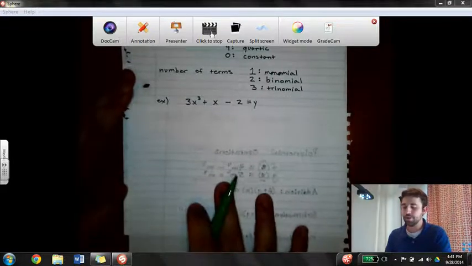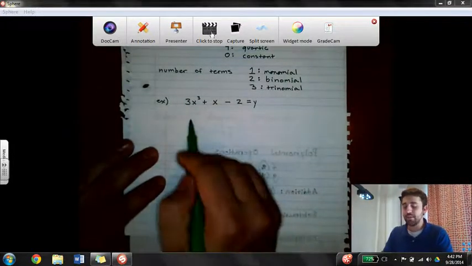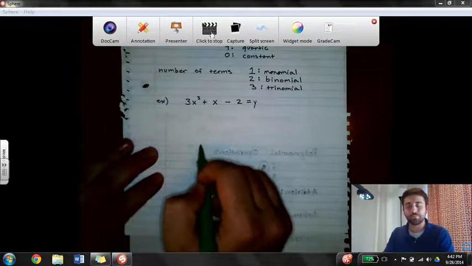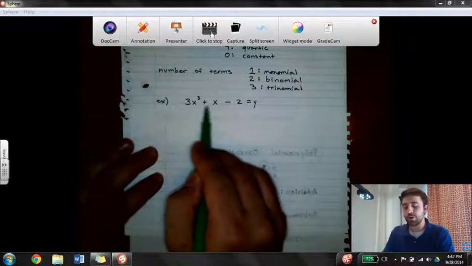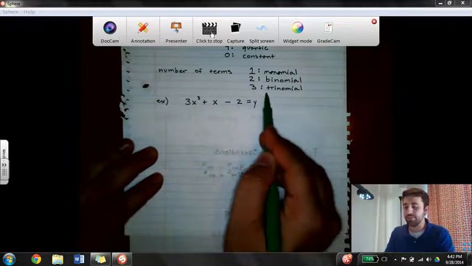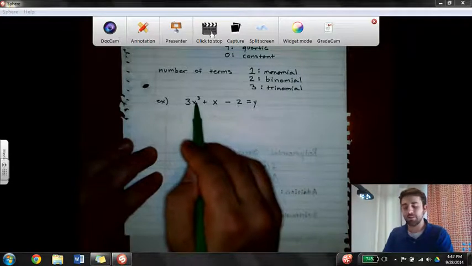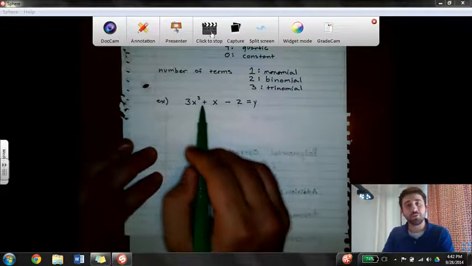So let's look at an example. In this polynomial, 3x cubed plus x minus 2. Notice there are 3 terms making this a trinomial, and the highest exponent is 3, making the degree 3.